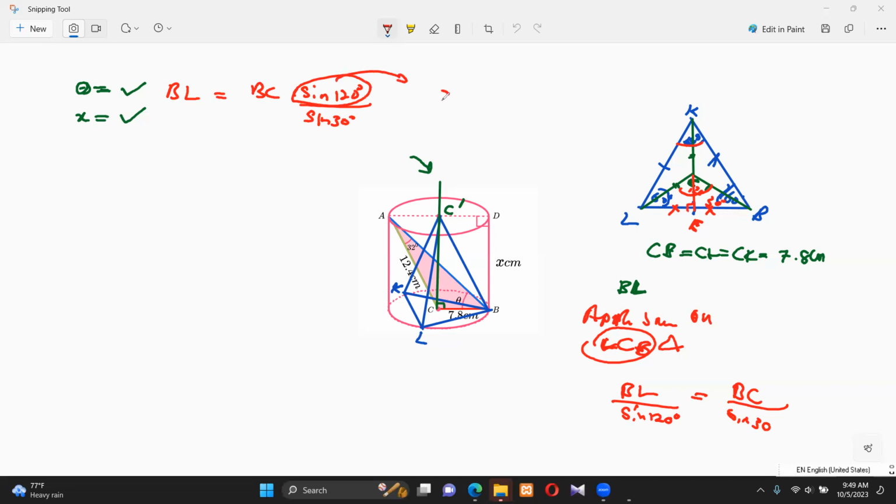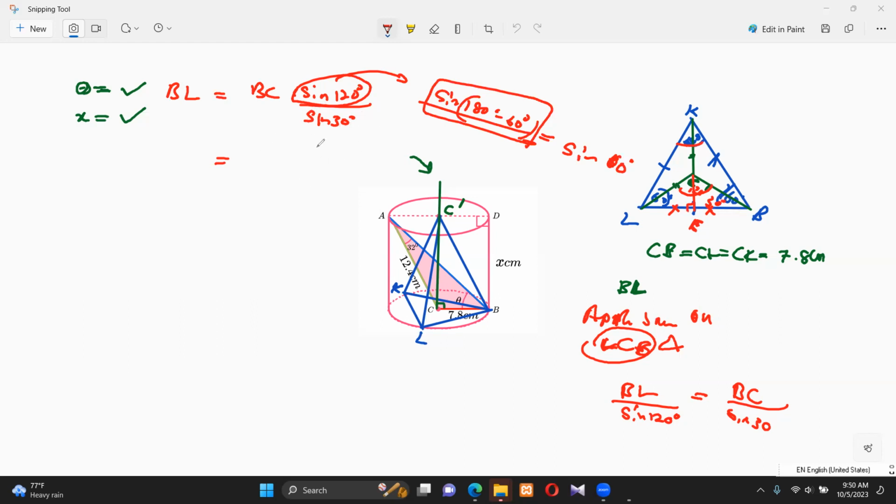Otherwise, sine 120 can be written as sine of 180 degrees minus 60 degrees, which is just sine 60 degrees, the square root of 3 over 2. Sine 30 degrees is just 1/2.